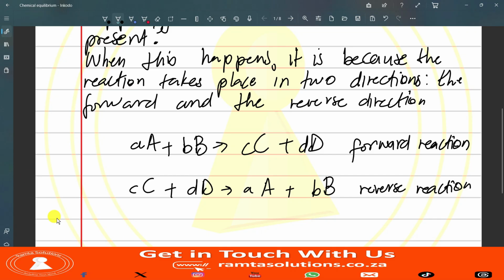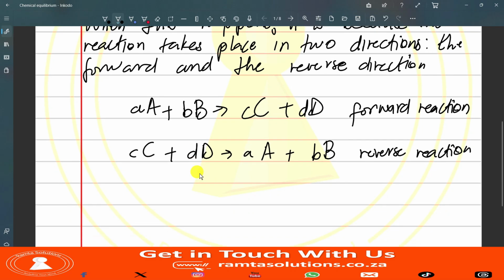With the forward reaction, it's the one that we know. You are forming the product that we're expecting. But then it turns out that somehow this product can also form the reactant back. This is where we talk of reversible reactions.